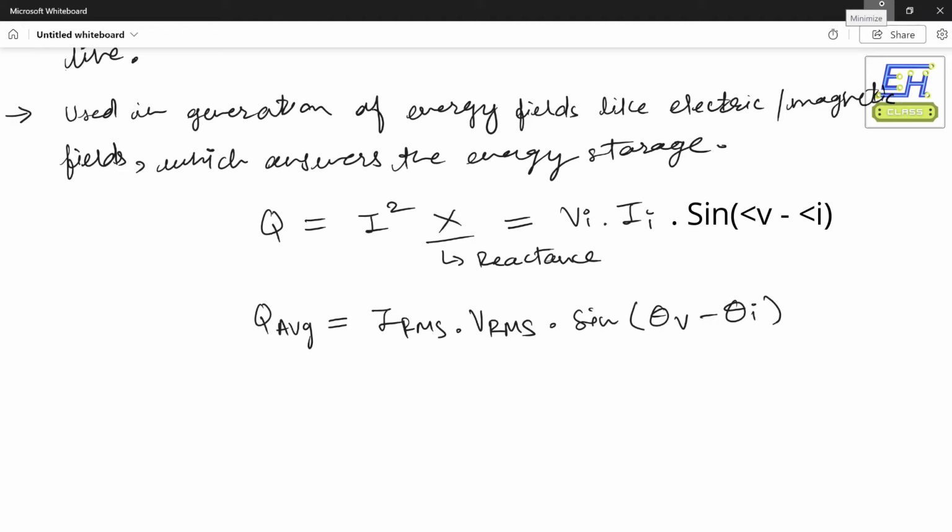So higher the difference between the voltage and current, higher will be the reactive power. So this means that you should have as low of an angle between voltage and current, so that you don't consume that much reactive power.